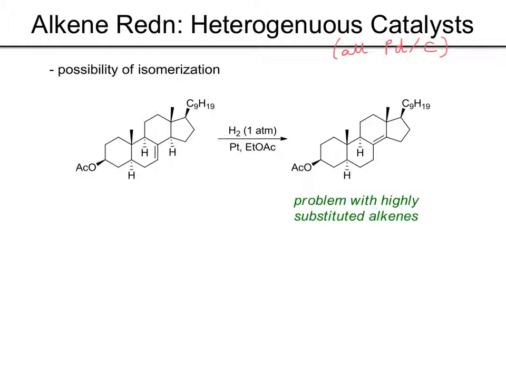Now, this is usually a problem when you have the possibility of forming highly substituted alkenes, which you know are stable. And here, for example, we're starting with a tri-substituted alkene that we would like to reduce. We're treating it with 1 atmosphere hydrogen, platinum, and ethyl acetate. And while some of the alkene will reduce, we will also get a side product where this tri-substituted alkene has now isomerized to the more stable tetrasubstituted alkene.